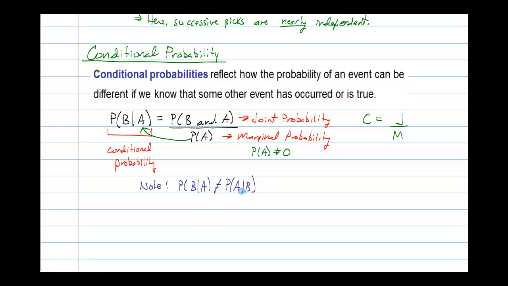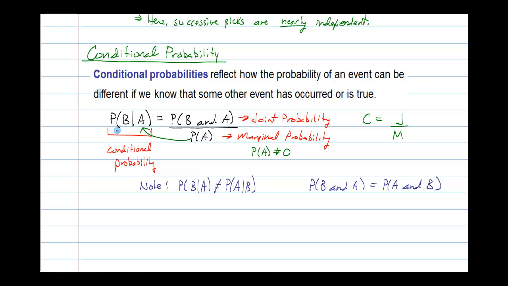Order matters how you write a conditional statement. Another interesting fact, probability of B and A, our joint probability, it doesn't matter how we write that one. So the probability of A and B is equal to the probability of its converse. So again, order matters for a conditional probability. Order does not matter for a joint probability.